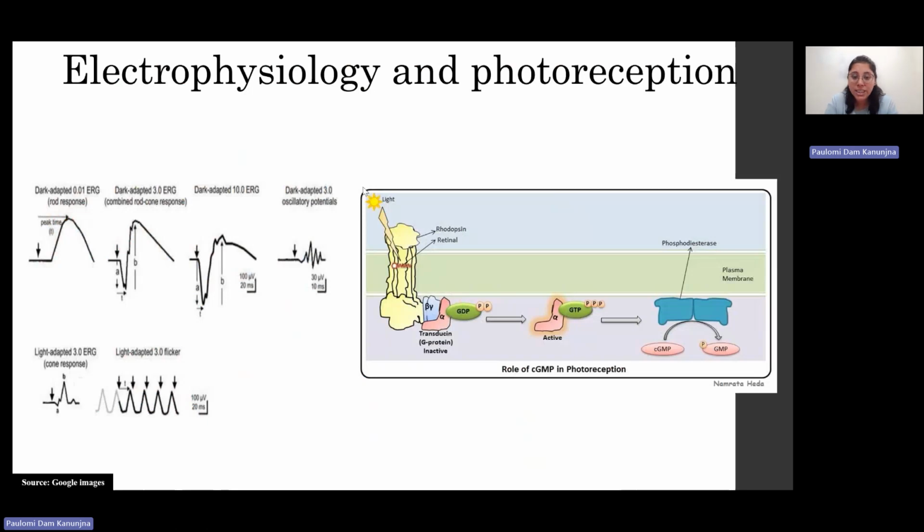And coming to photoreception, where we are talking about rods and cones, we are basically talking about rods which are used for night vision, and the pigment in rods is rhodopsin, and cones which are used for daylight vision, where you have the photopsins. So all these rods and cones, darkness, light, together they're responsible for something called phototransduction, which is basically what is electrophysiology.